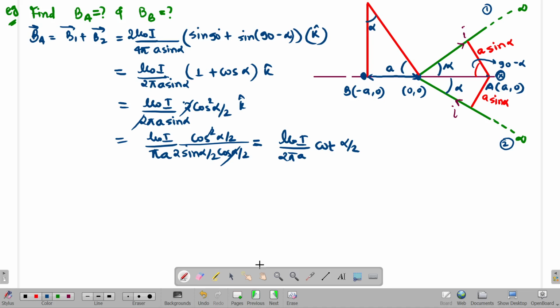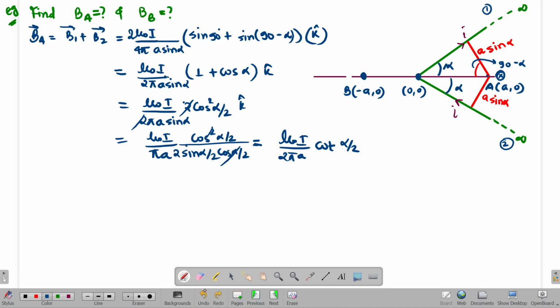And then this is alpha. Correct? So if this is alpha, this is A, then can I use this length as the perpendicular distance? Yes or no? But how to find the magnetic field over there? For this wire, it becomes a tedious task.